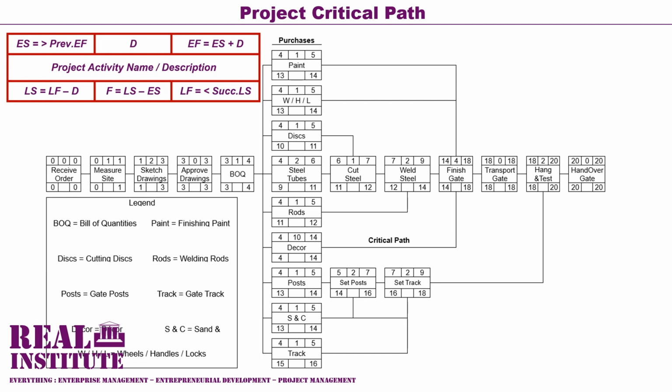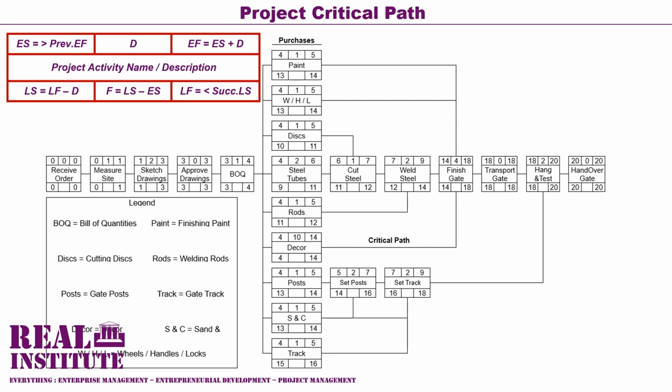Therefore, the activity bill of quantities has its late finish allocated a value of 4, and then its late start value is calculated by subtracting its duration value from its late finish value. Its late finish value is 4 and its duration value is 1, and therefore the value of its late start is 3 because 4 minus 1 is 3.